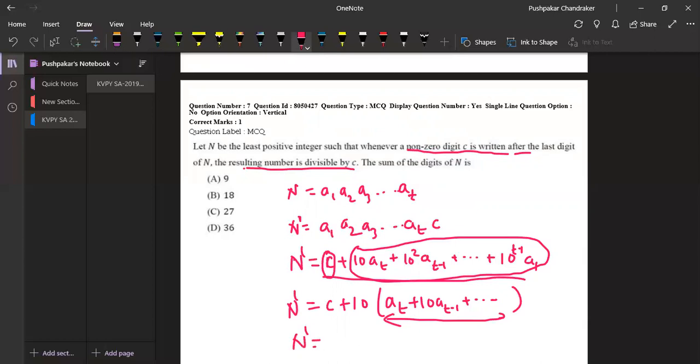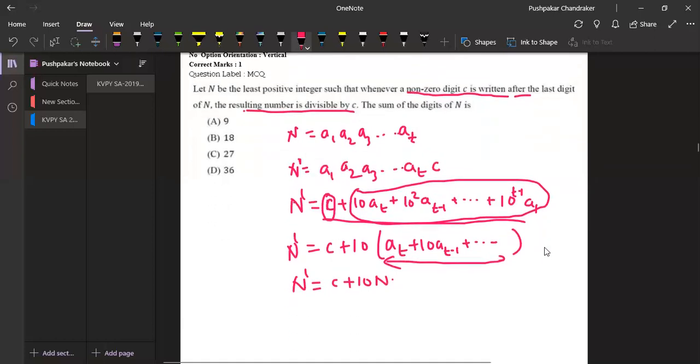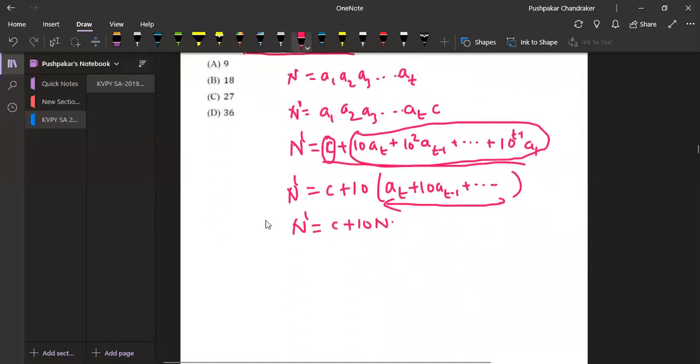So n dash is c plus 10 times n. Now this number n dash is divisible by c. If I divide by c on both sides, I get 1 plus 10n by c. It means either c divides 10 or c divides n, for all c values.